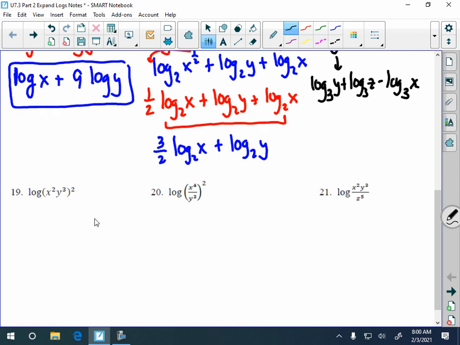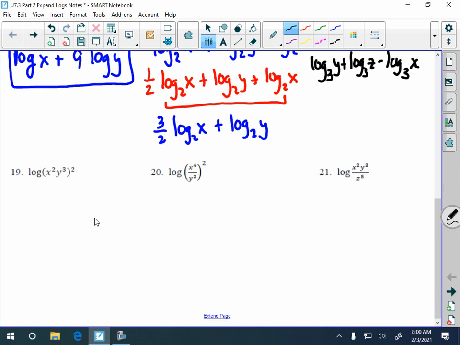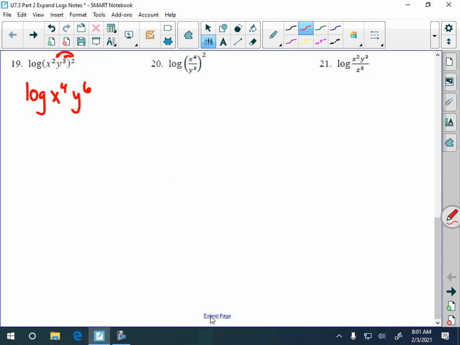All right, 19. Here we have these exponents raised to this exponent, 2. So here we want to bring in the exponent first. We're going to use that property from above that says we can multiply exponents together. And that'll get rid of the parentheses. So we really have log of x to the 4th, y to the 6th. Now we're going to expand this out.